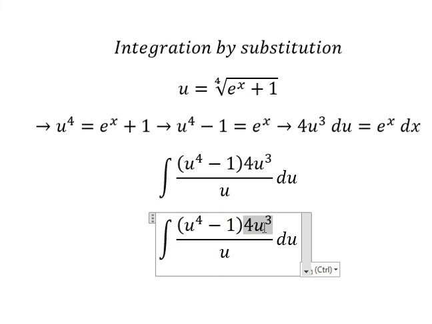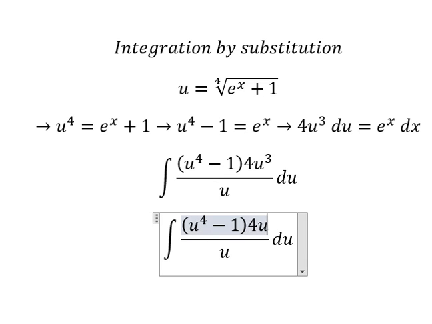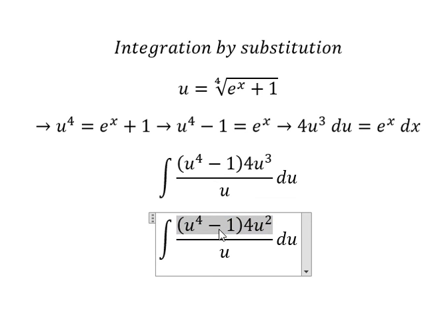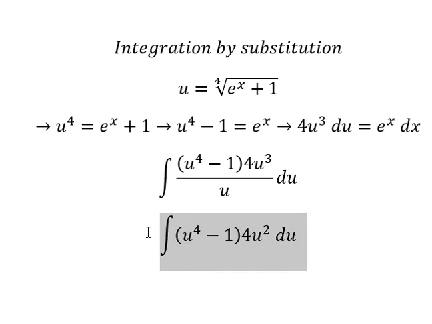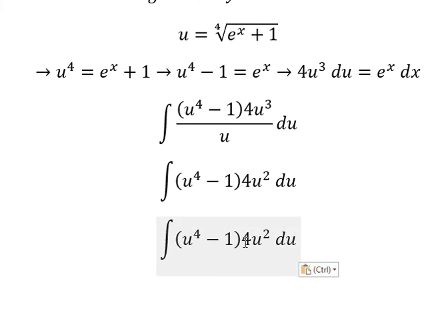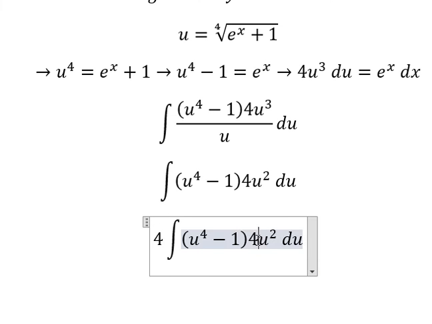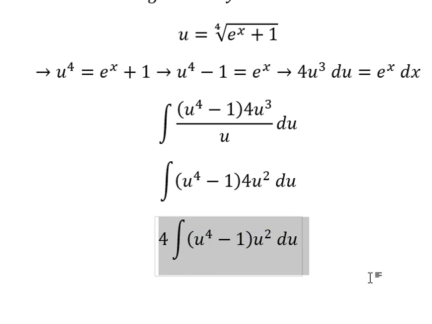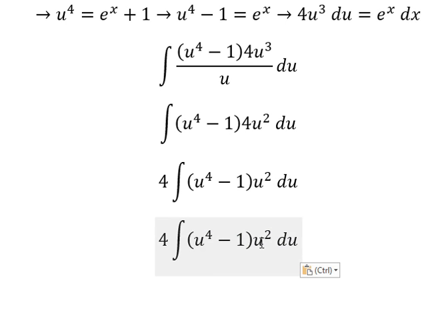So for 4u to the power of 3 divided by u, we have 4u squared in here. Number 4 we put outside. U squared multiplied by u to the power of 4 and number 1.